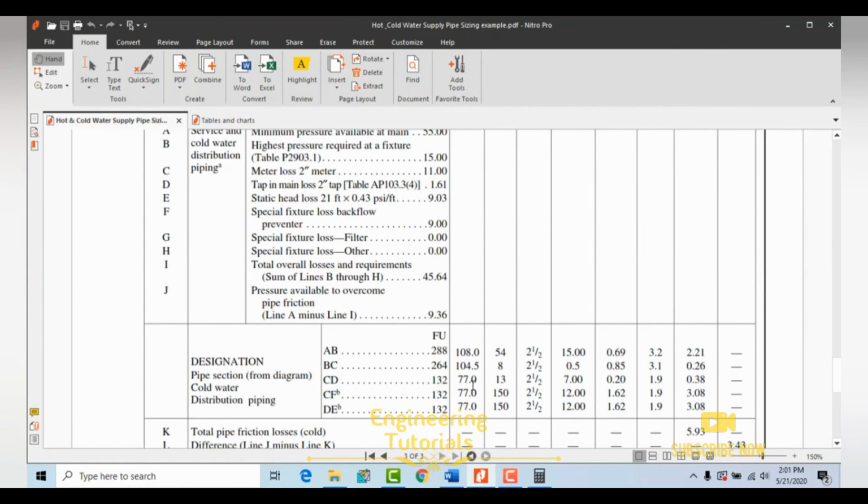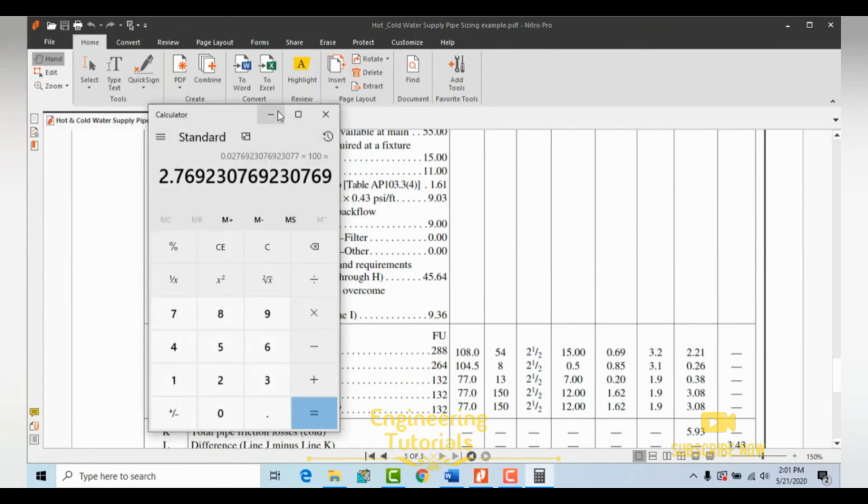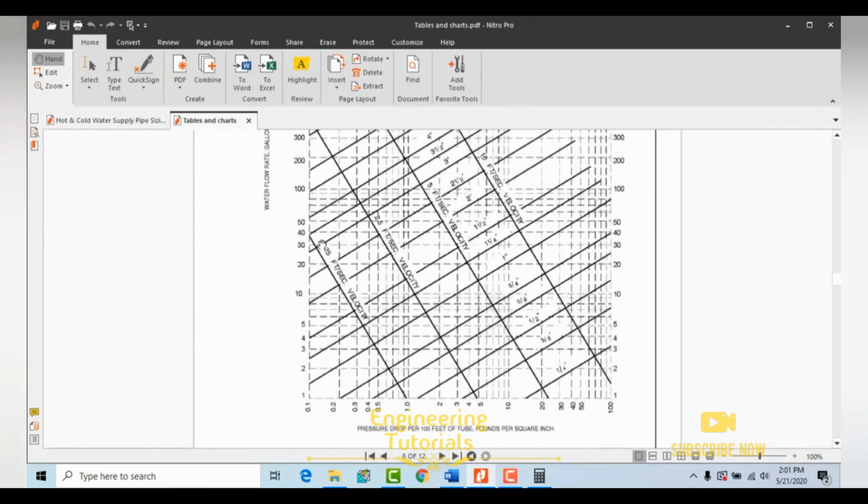Now the third one is C to D, C to F, and D to E. We have the same GPM, 77 GPM, and we know that the average friction loss is 2.77 psi per 100 feet. So move back to our chart. 77 GPM is between 70 and 80. So just over here, 77 GPM and 2.77 psi per 100 feet.